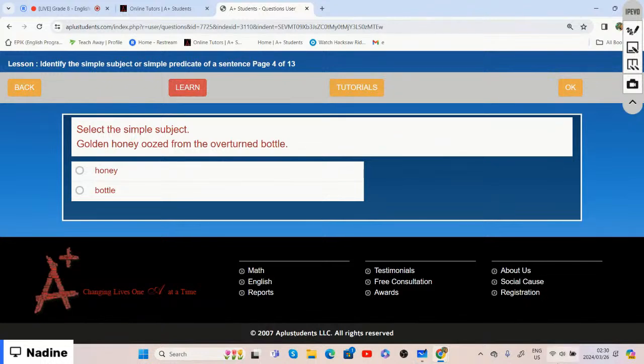All right, we need to select the simple subject. It says golden honey oozed from the overturned bottle. Golden honey oozed from the overturned bottle. We need to select the simple subject. Who or what did the action?